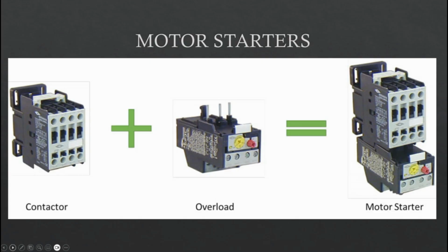This is kind of a smaller version. Again, on our trainers, you're going to see kind of a standard motor starter, 20 or 30 amp capability, I believe it is. I've seen motor starters that were probably 18 inches tall and maybe 12 inches wide. They were huge. Just all depends on what the ampacity is of that device. But it takes those two components to make a motor starter.